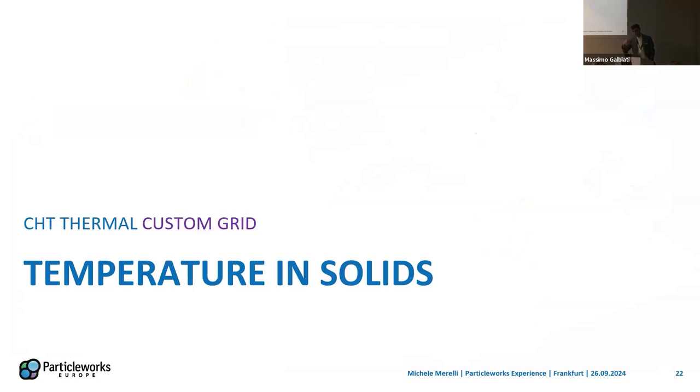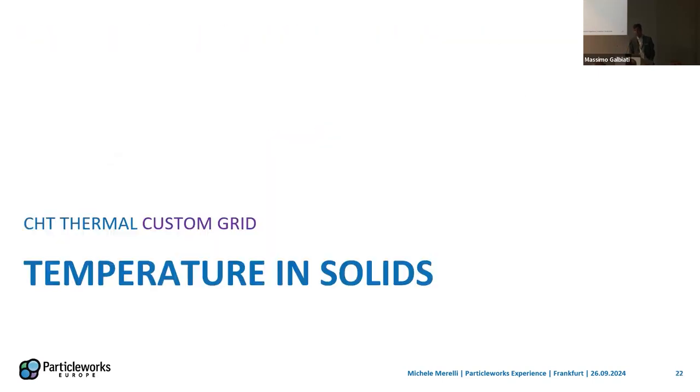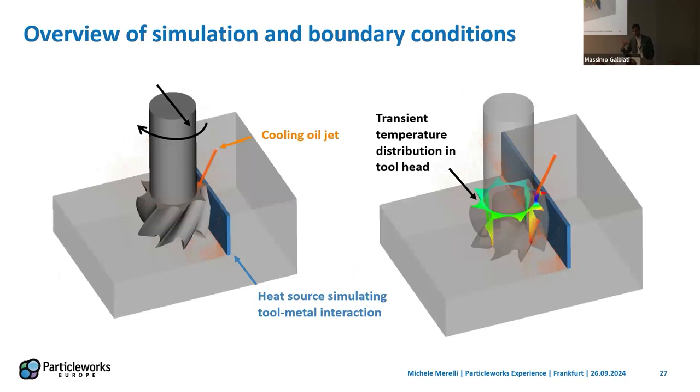And if we look now at the solid, we know that we can have a custom grid on the solid. So the idea is that, just to go back one step, we have the possibility to do thermal analysis in solids, so conjugated heat transfer, and we were already able to do so in previous versions. Here is the example for this application. The idea was to understand how the temperature profile of the tool can change depending on the number of jets that we use to cool the tool.